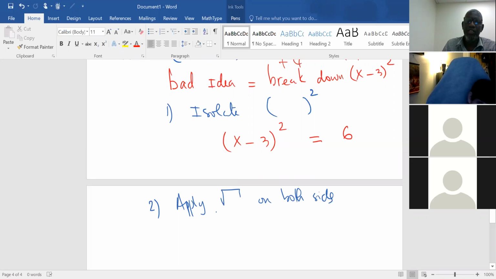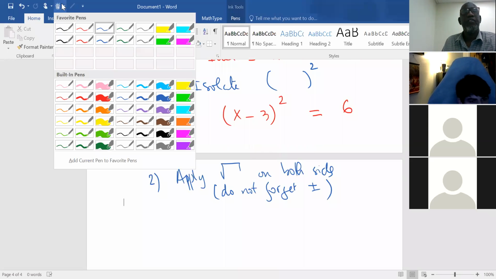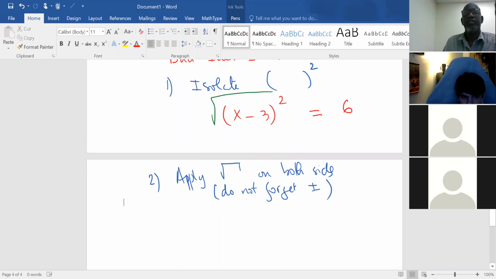And we don't forget what? Plus or minus the root. Plus or minus, right? So it's going to be square root right here, square root right here, and then plus or minus. I'm going to get x minus 3 is equal to plus or minus square root of 6.